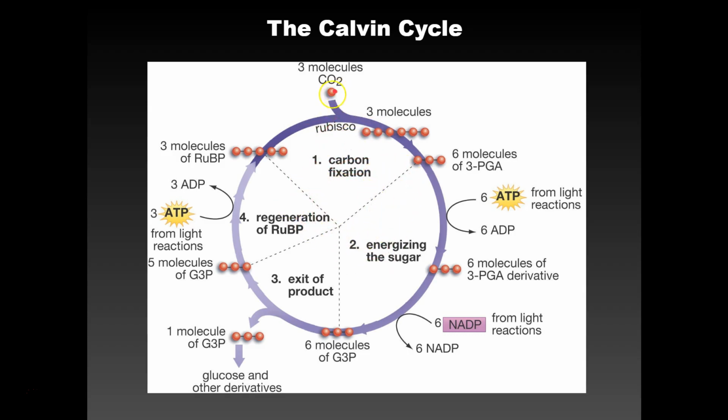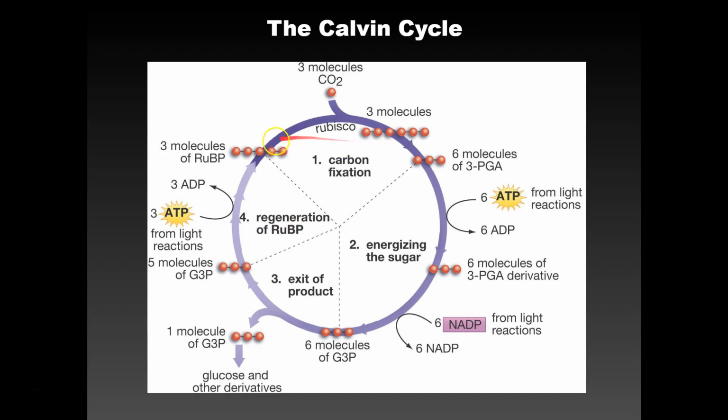You're taking carbon dioxide from the atmosphere and you're chaining it together. You're chaining it together, and then you're adding phosphates to those things that you've chained together. And then the thing that you want, the G3P, after you've energized them, one molecule of the G3P is actually going to exit the cycle, and the others are going to be used to regenerate RuBP here.